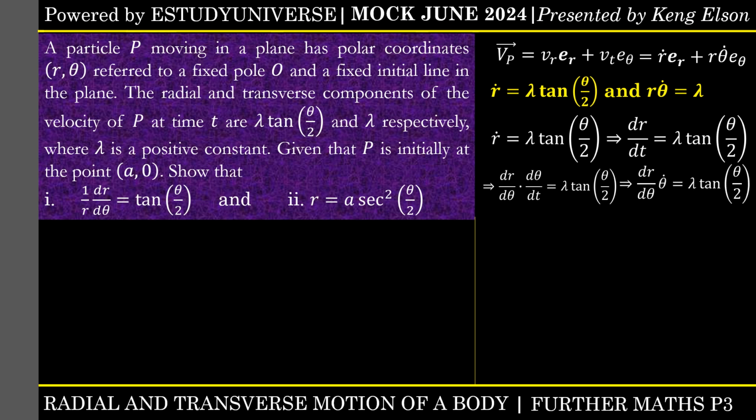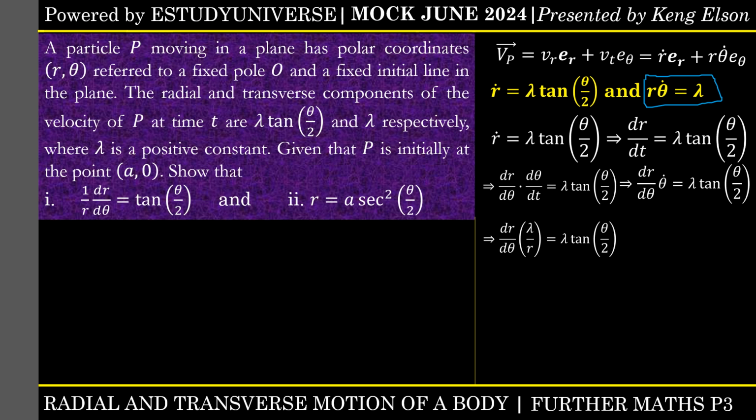D theta by dt is theta dot. Okay, and theta dot, we can get it from the transverse component of the velocity. Theta dot is just lambda divided by r. So in the place of theta dot, we replace it with lambda divided by r. If we find theta dot from this equation, we are going to get the value of theta dot as lambda divided by r.